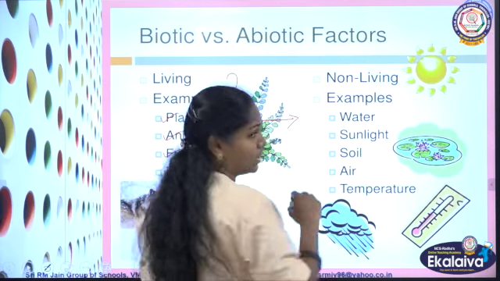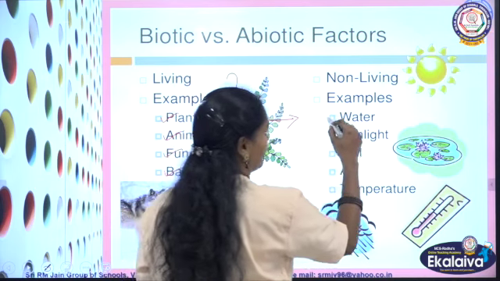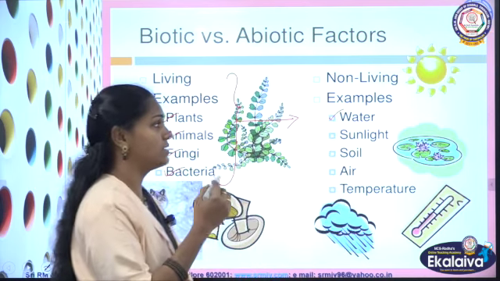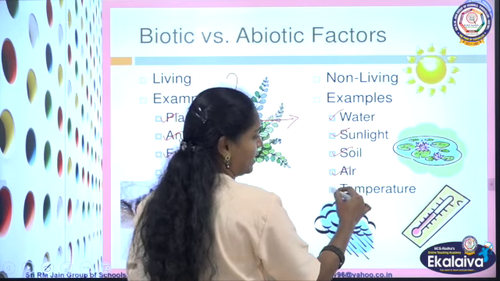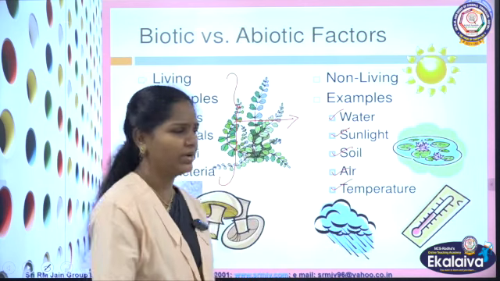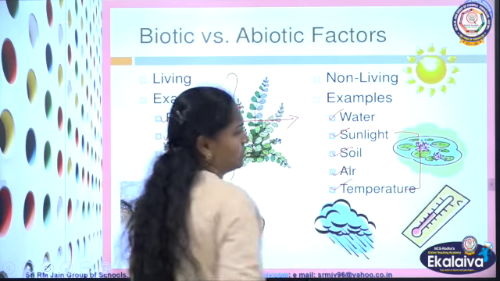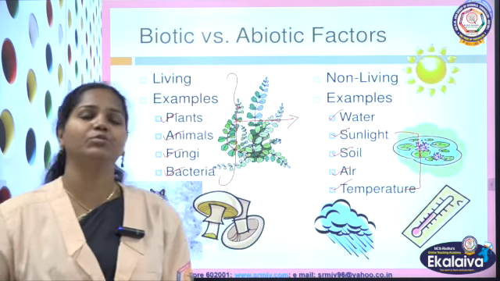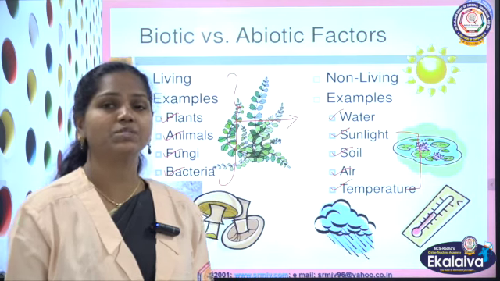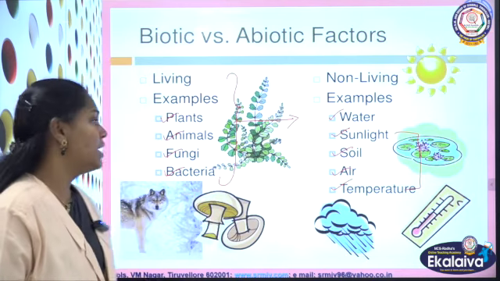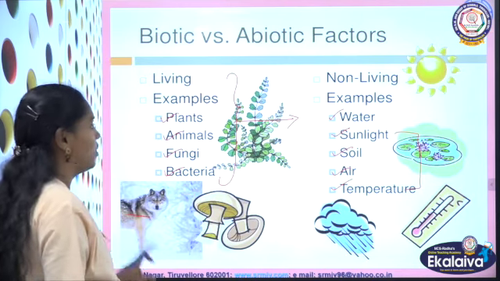Some important abiotic factors which are supporting life are water, sunlight, soil, air and temperature. So these are the important abiotic factors which are responsible for the survival of these organisms.